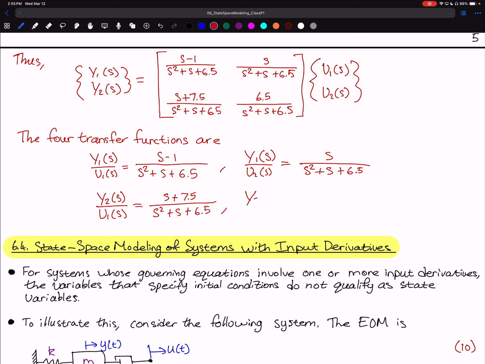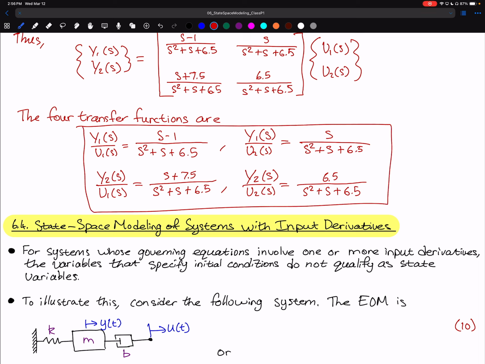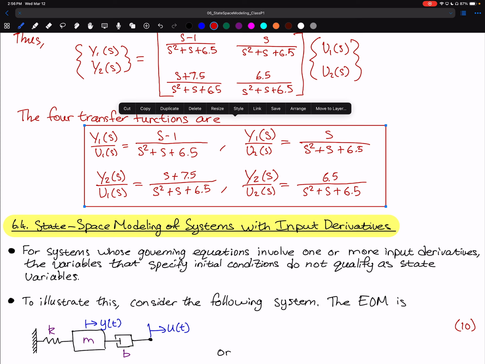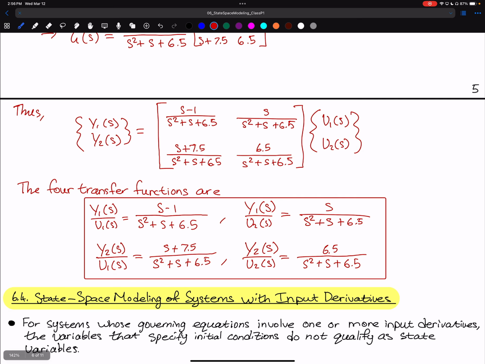And then lastly, y2 of s divided by u2 of s is equal to 6.5 divided by s squared plus s plus 6.5. That is the transfer function, or the transfer function matrix, for this particular system.